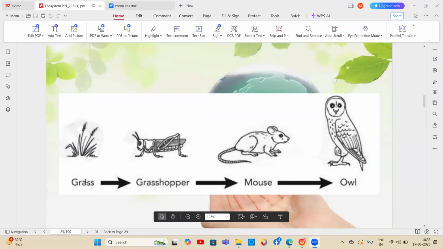For example, from the grass to the grasshopper, the grass contains 100%, but the grasshopper contains only 10%. The remaining 80 to 90% is lost in the form of heat. Again from this, only 0.01% and so on. So in every stage, mainly 80 to 90% of energy is lost as heat. Producers have more energy when compared to the tertiary consumer.